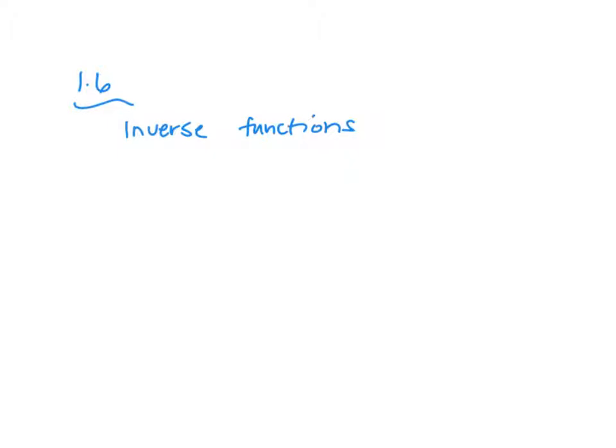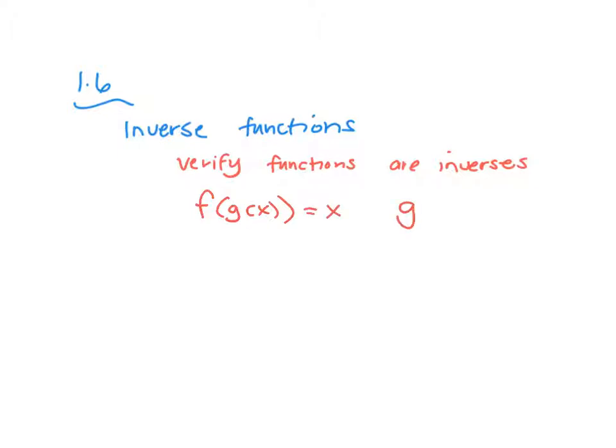So there's a couple of different problems in here. We started with verifying functions are inverses. If it wanted to see that one function was the inverse of the other, then you have to do f of g of x, and you should get x, and then you have to do g of f of x, and you should also get x. That was one type. Then there was: is a function one-to-one, or does it have an inverse?